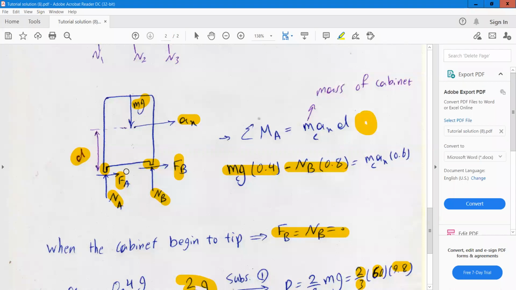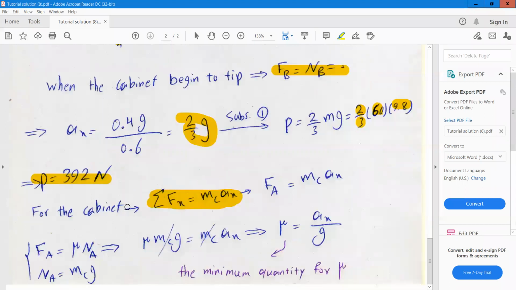Clear? This is the friction force. It's equal to the coefficient of friction times the normal reaction. So you can write mu times N_A is equal to m_c a_x. The a_x is obtained here, 2 times g divided by 3. m_c is the mass of the cabinet, and F_A is mu times N_A.